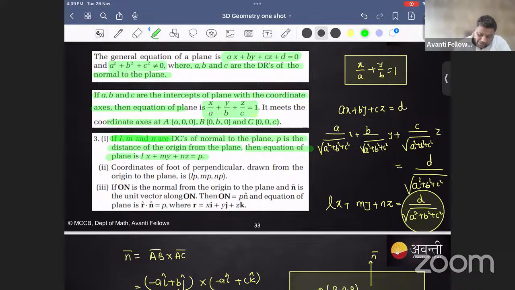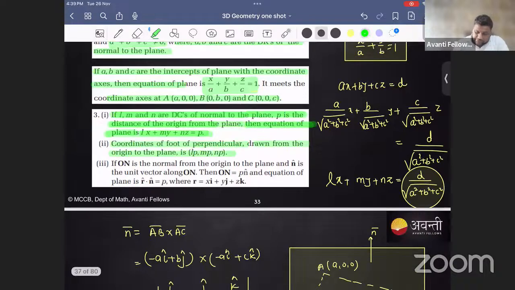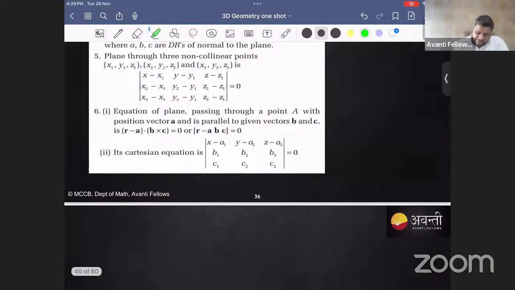So this property, this form is something like this. If l, m, and n are direction cosines of the normal of the plane and p is its distance from the origin, then the equation is lx plus my plus nz equals to p. Now, coordinates of the foot of the perpendicular drawn from origin to the plane is this. This is okay. Got it?